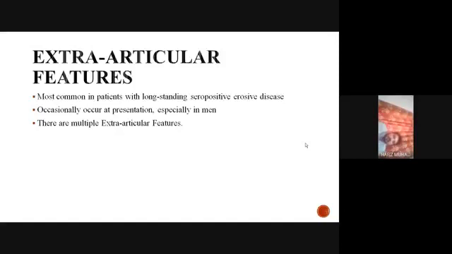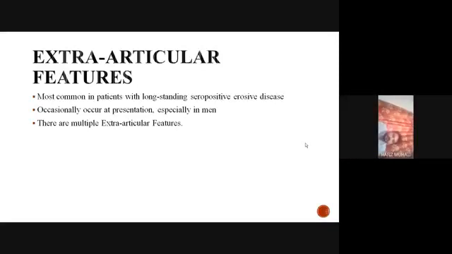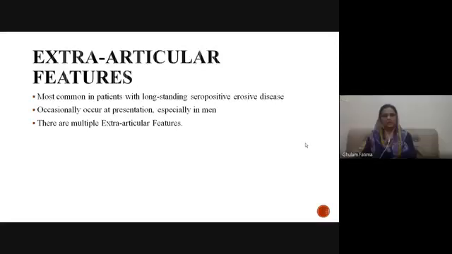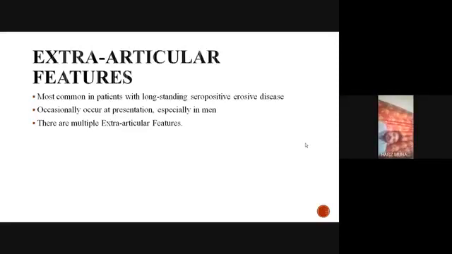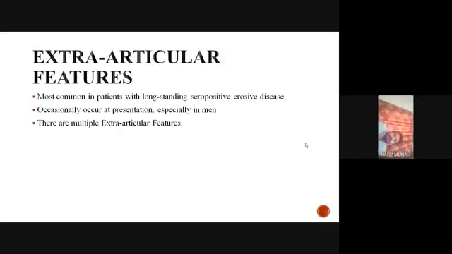Now we will discuss the extra-articular features of rheumatoid arthritis. The extra-articular features are most common in patients with long-standing seropositive erosive disease. A patient with seropositive erosive rheumatoid arthritis has antibodies in their blood that help to identify the disease.